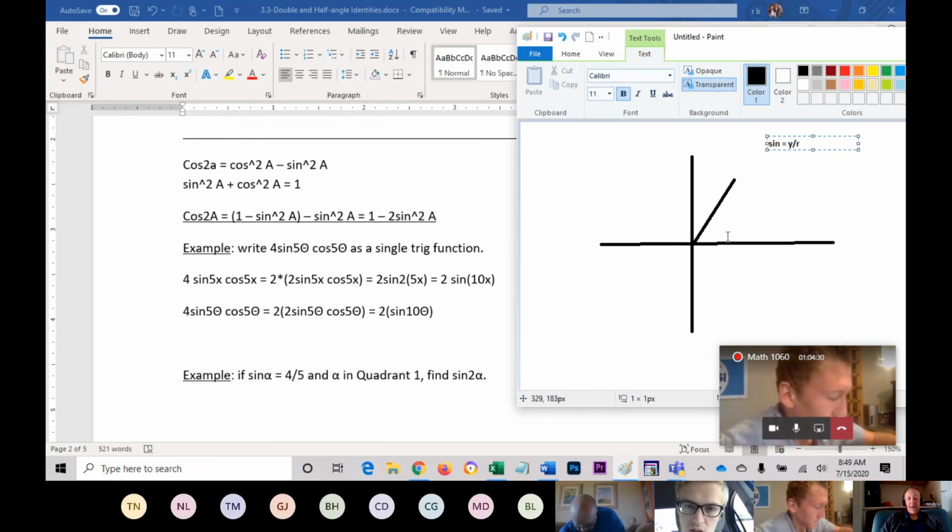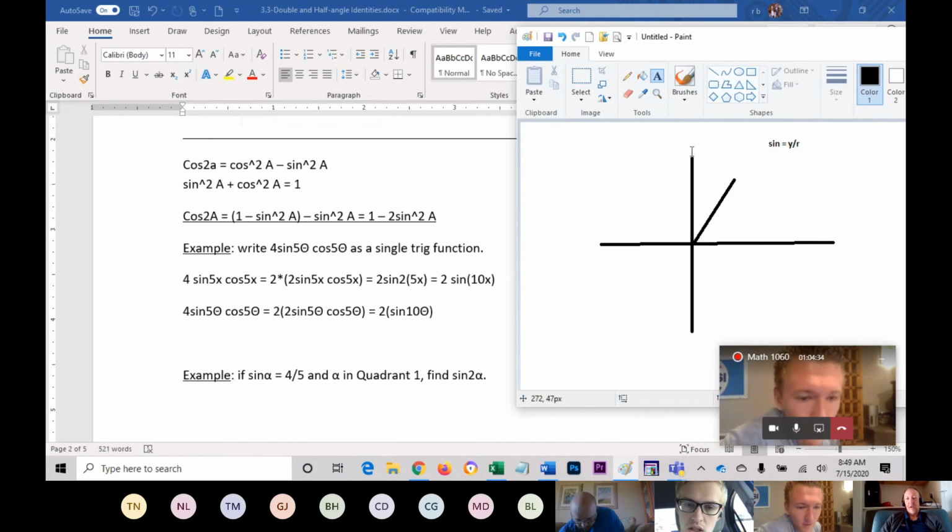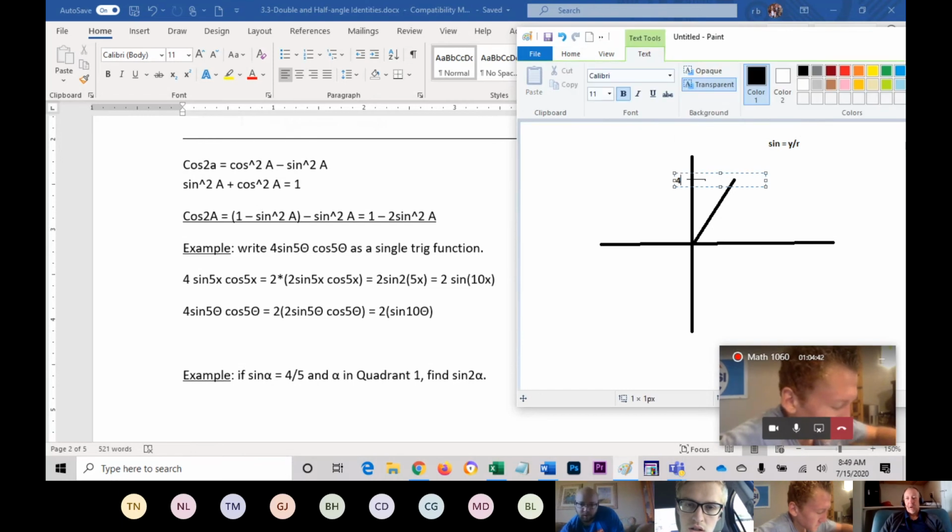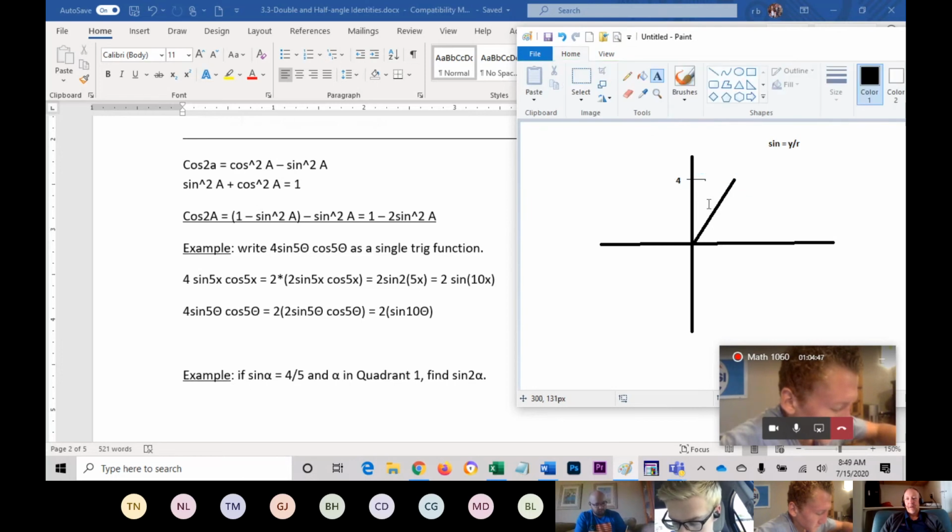In this case, y is going to be 4, and r is going to be 5.